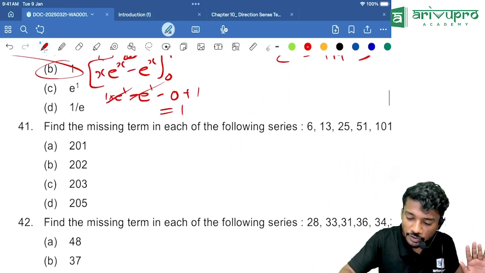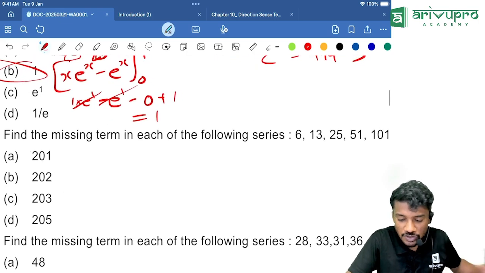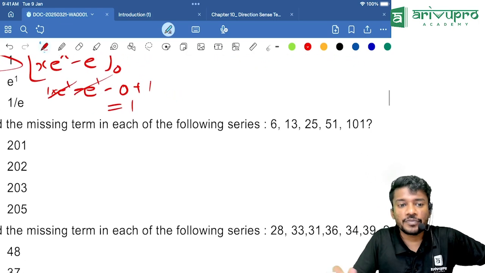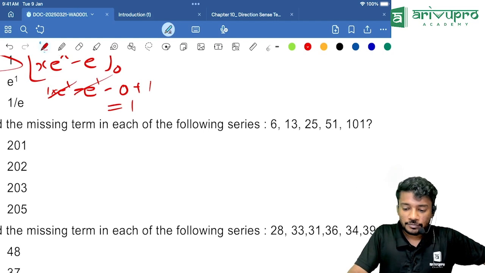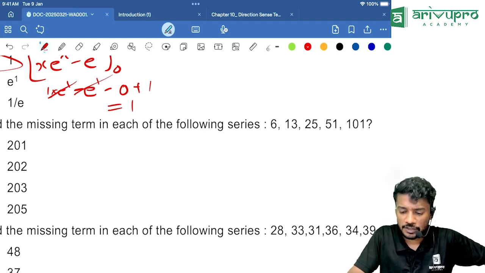Now, find the value of this. What is the answer? How will 6 become 13, plus 7? How will 13 become 25, plus 12? But is there any method?